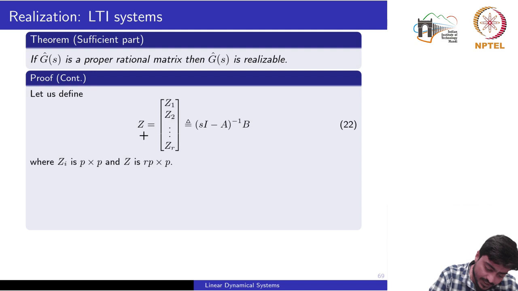First of all, we define Z as Z1 to Zr equal to (sI minus A) inverse times B, where all these Zi are p cross p matrices. So the dimension of this matrix capital Z would be Rp into p, because we have r number of p cross p matrices. Okay.